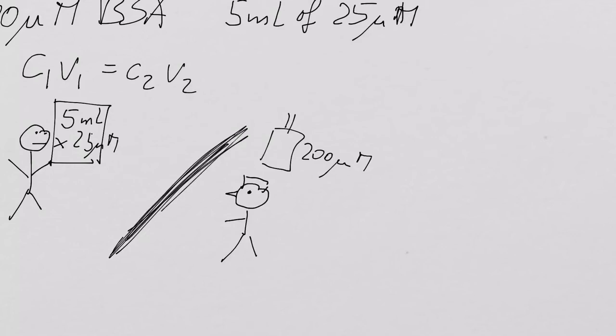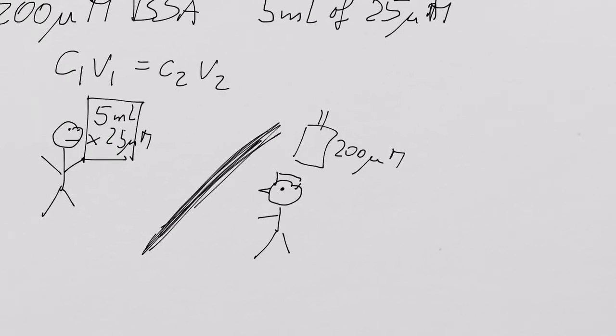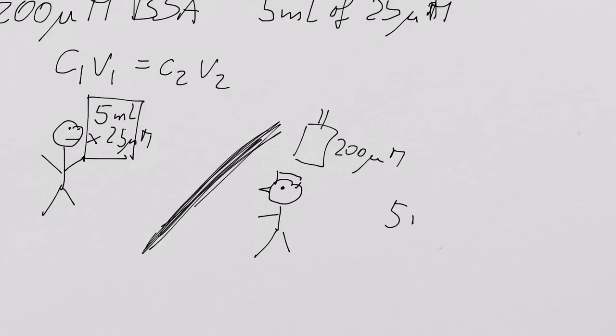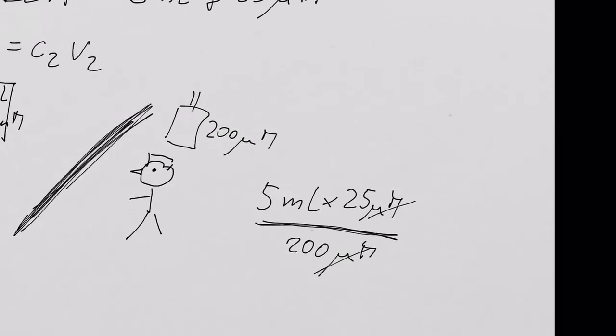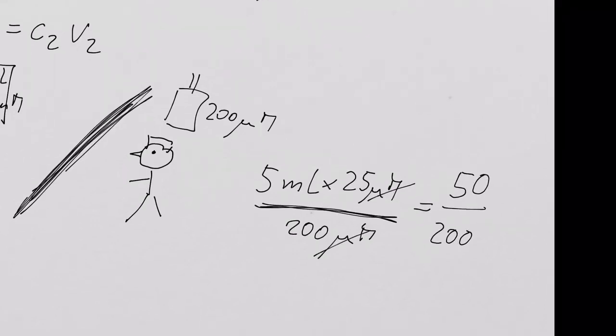So we have 5 milliliter times 25 micromolar, divided by 200 micromolar. Micromolar cancels out. And we have 50 divided by 200 milliliter. What does that give?